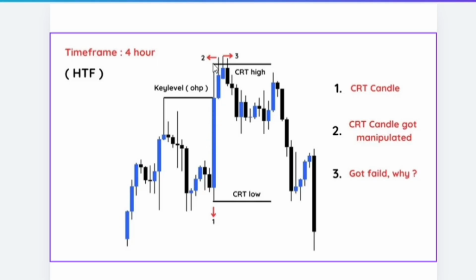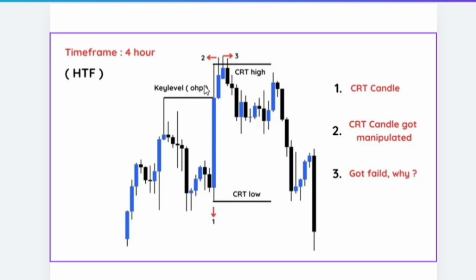This is the CRT high, and this is our CRT low. This is our old low. Price did not even close above it. Price swept this old low and closed inside of it in the 4-hour time frame. Then you mark up here and down here as your CRT high and your CRT low.